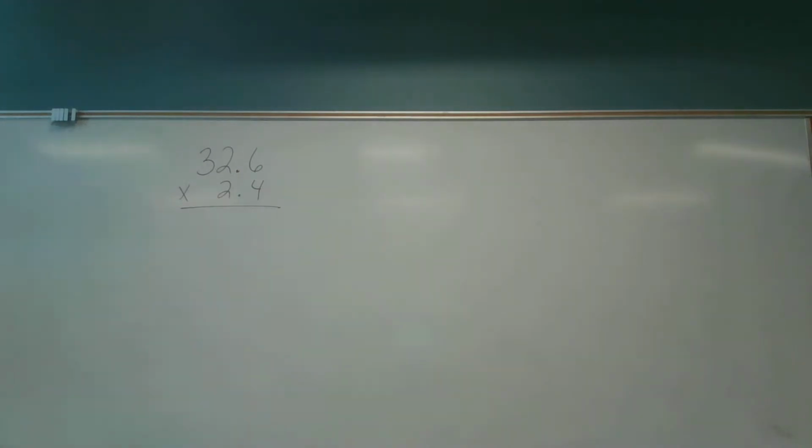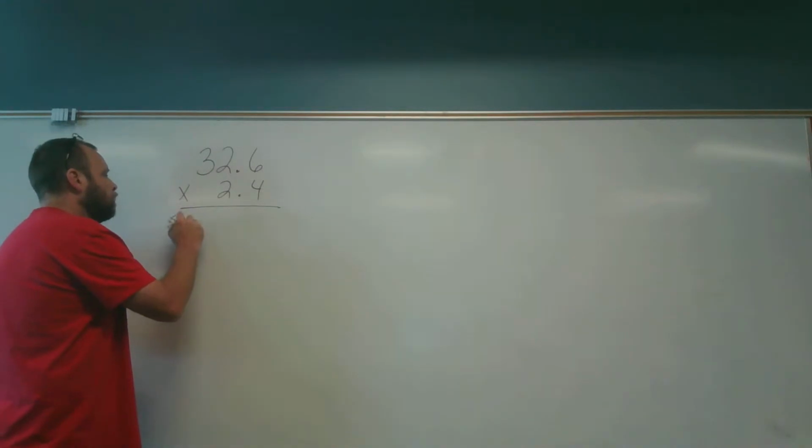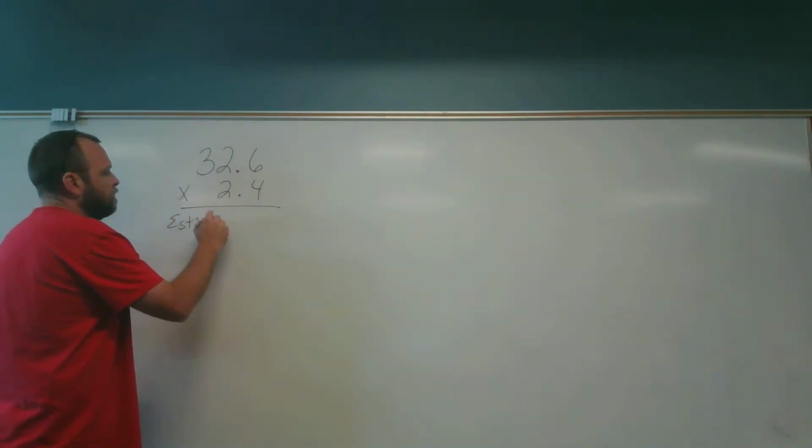What do you say when you get to the decimal point? And. Good. What's the number after the decimal point? 6. What place value is the 6 in? Tenths. So it'd be 32 and 6 tenths. Dylan, how do you say the second factor? 2 and 4 tenths.